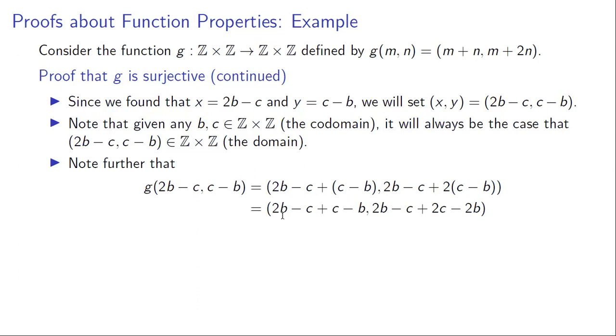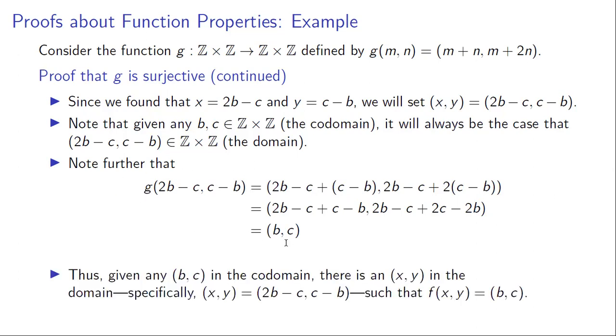Simplifying, that comes out to be (b, c). So we see that g of this comes out to be (b, c). Thus, given any ordered pair (b, c) in the codomain, there is always going to be an (x, y) in the domain, specifically the ordered pair (2b minus c, c minus b), such that g of (x, y) is equal to (b, c).